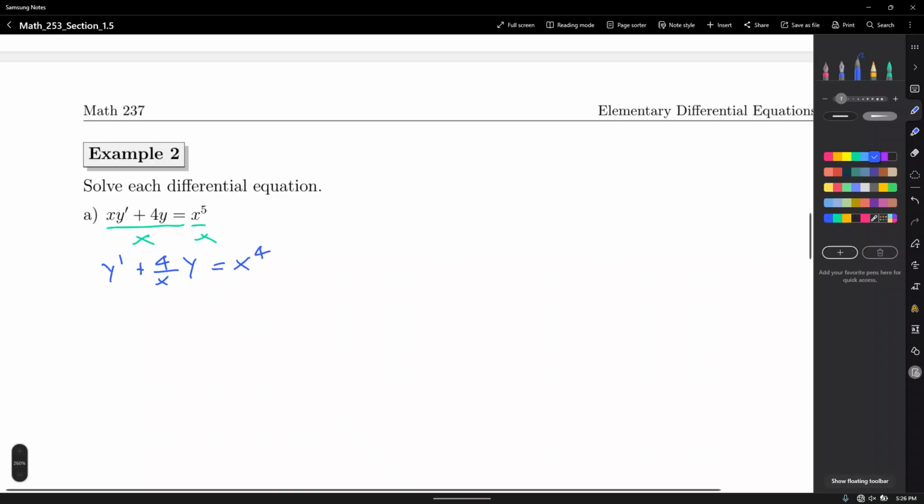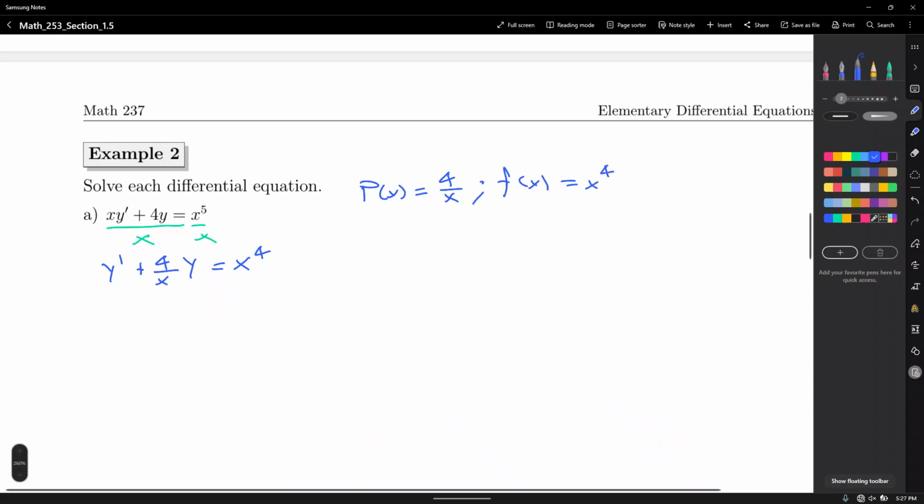Okay? So from here, we can identify our p of x and our f of x. P of x is whatever is multiplied by the y to the first power, which in this case, let me write it down for you. So p of x equals 4 over x. And what about f of x? That's x to the 4, right?